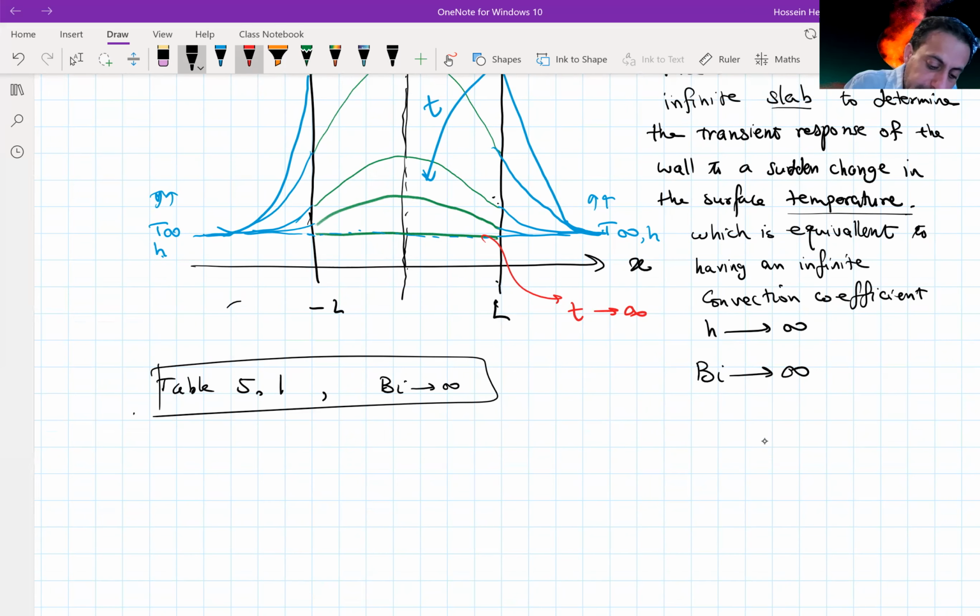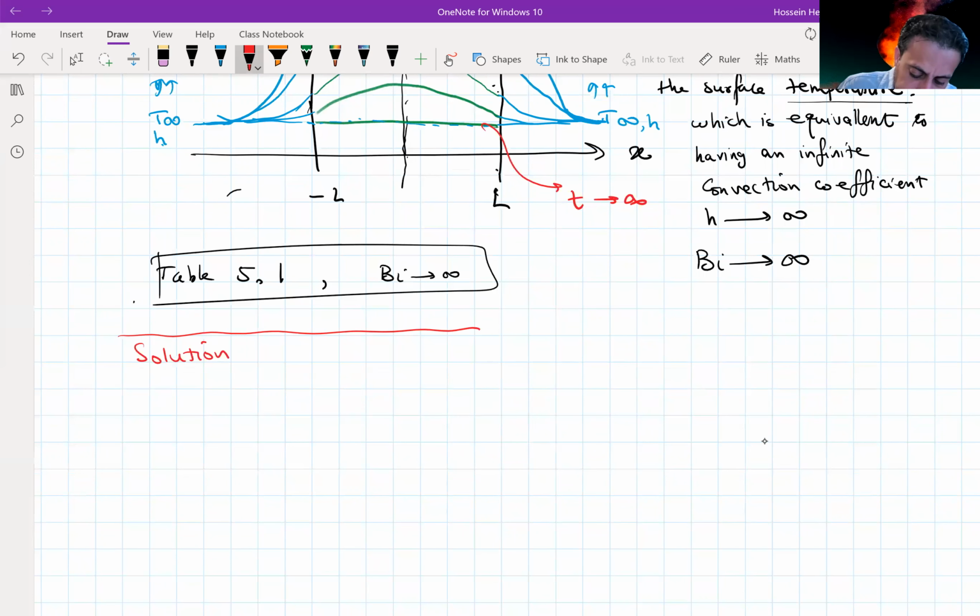Similarly, for an infinite cylinder, we can find a solution.